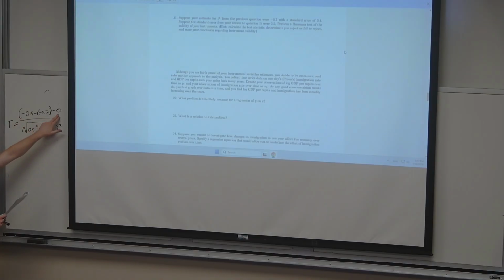Your null is 0, right? You're taking your observed difference minus your theoretical difference, your null, and you're putting it over the standard error of that difference. Which in this case, the variance of that difference, since they don't covary, is just the sum of the variances. So it's easy to get out.